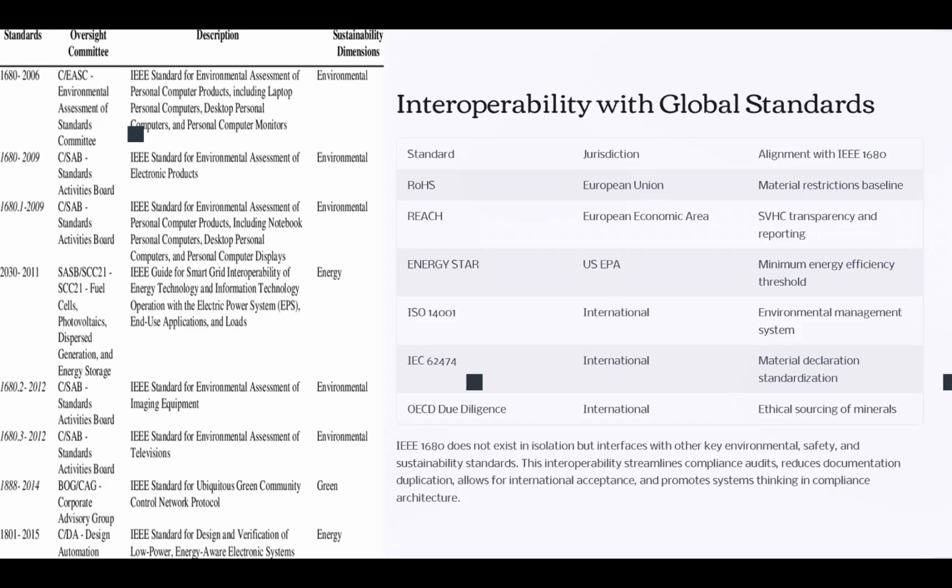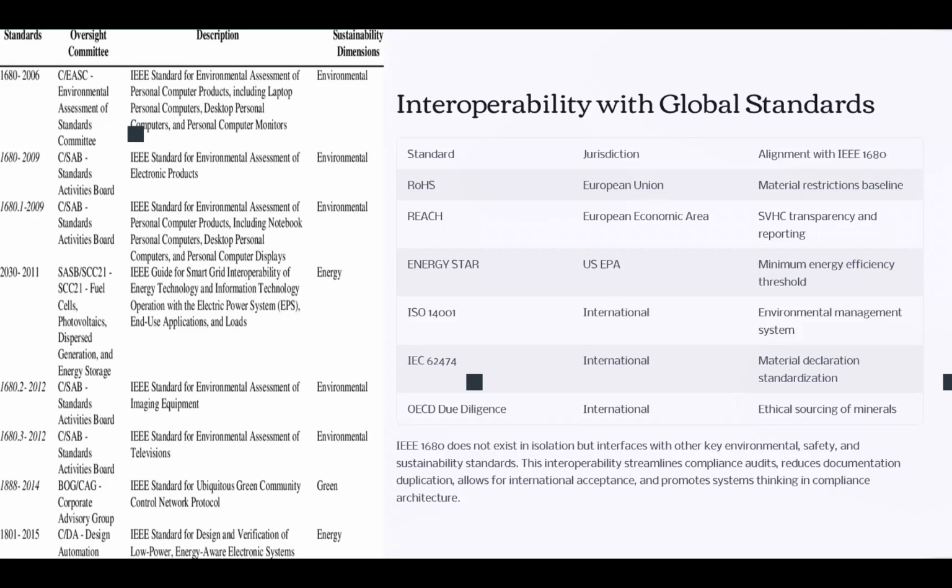And if a product already meets RoHS, it's well on its way to meeting IEEE 1680's material criteria. It also supports REACH, which is another European regulation focused on chemical safety and disclosure. So IEEE 1680 actually encourages similar material transparency.